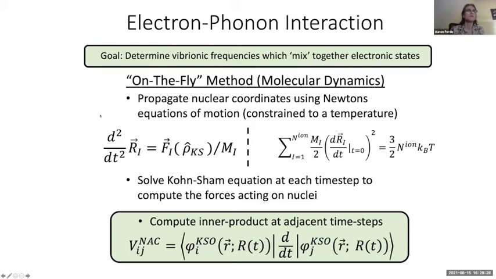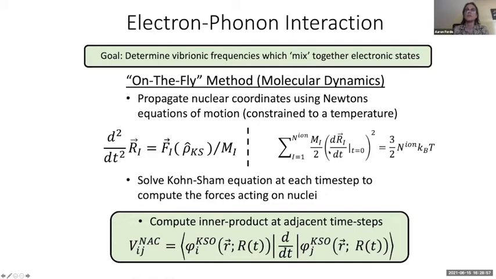on-the-fly couplings. So we do molecular dynamics, which propagate the ions according to Newton's law. So the acceleration, d squared R_i over dt squared, is equal to the force acting on the ions divided by its mass. And then the force comes from the external potential from the Kohn-Sham equations.